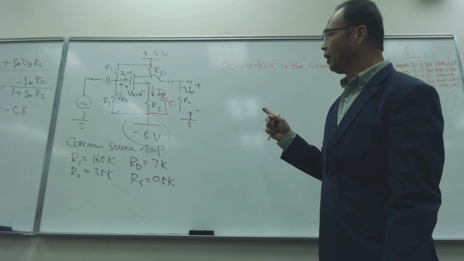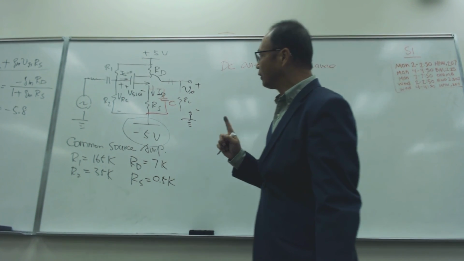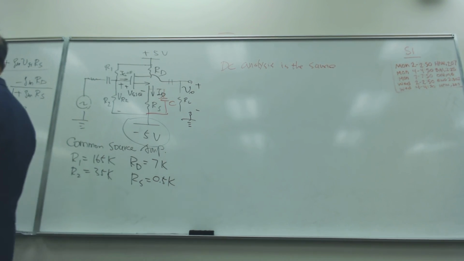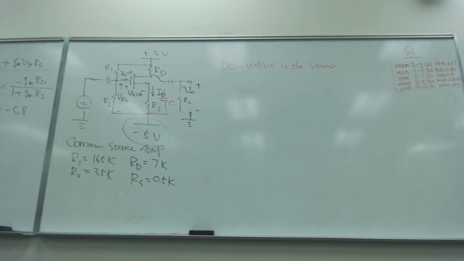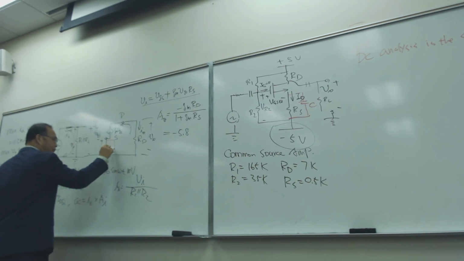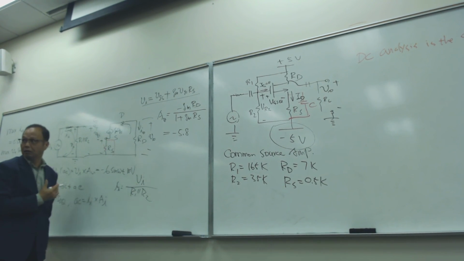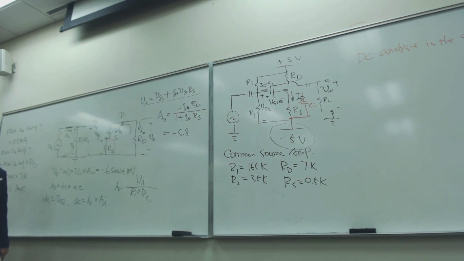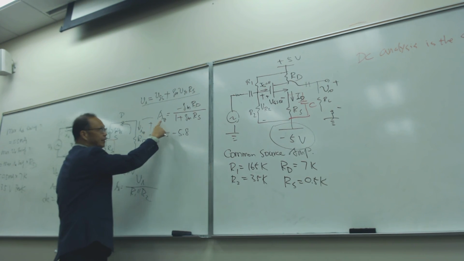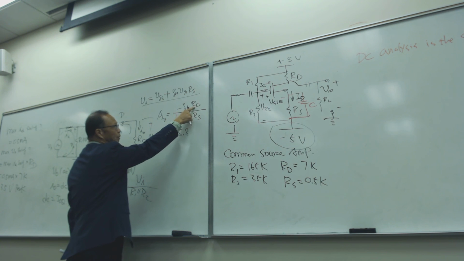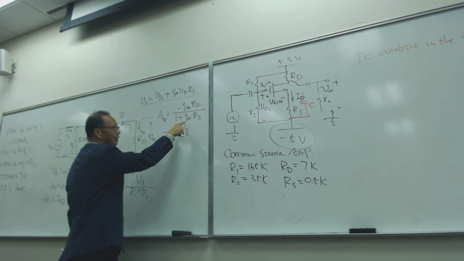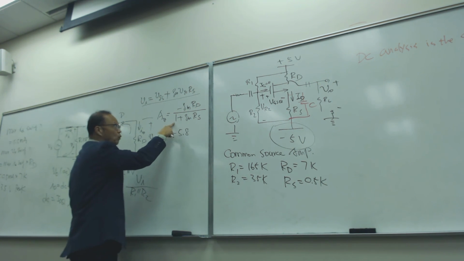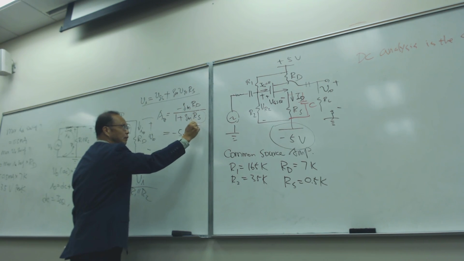Under the AC condition, however, the equations will be different because now this is short. Actually, the problem becomes easier, right? So A sub B, for example, now becomes minus G sub M R sub D divided by 1, because R sub S becomes 0.